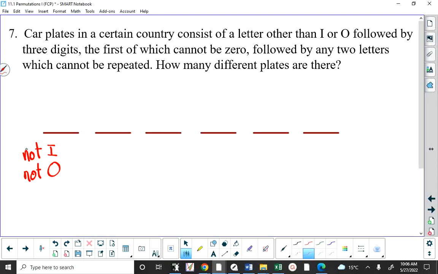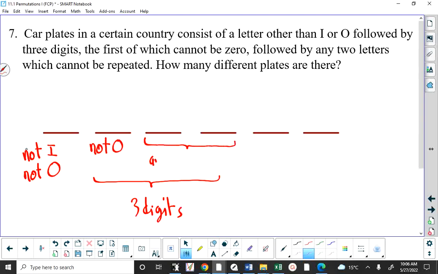So these are the 3 digits here. The first of which cannot be 0. Do you see why some of these questions would say you can't use an O, you can't use a 0? They look the same. And I's with some fonts, an I looks like the number 1.